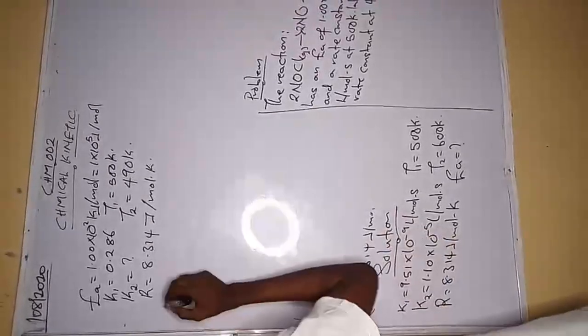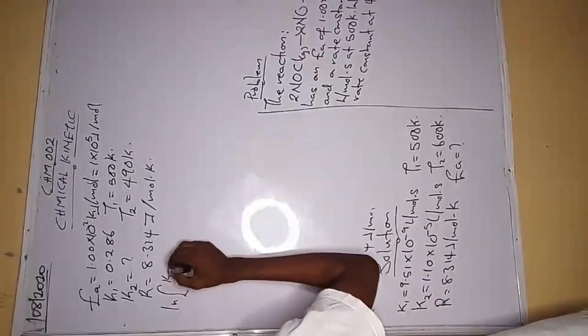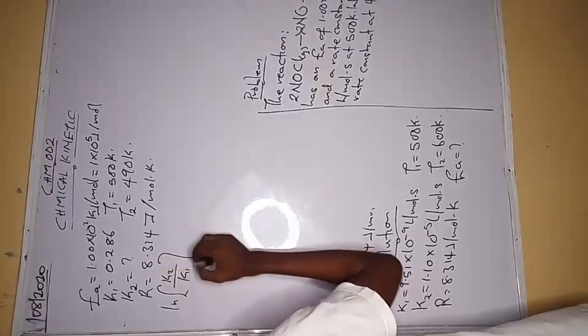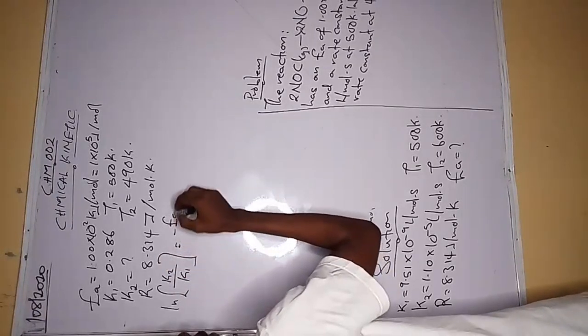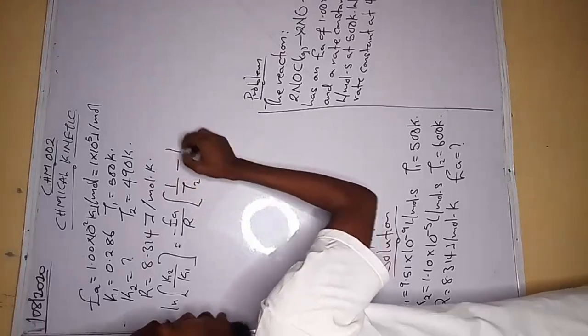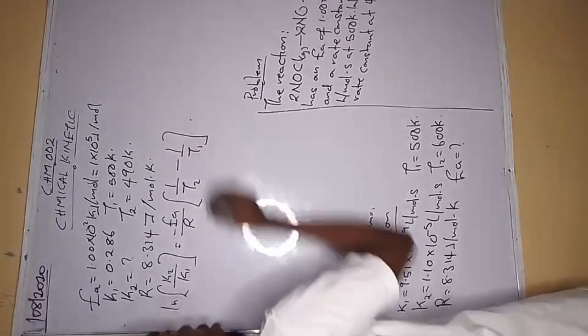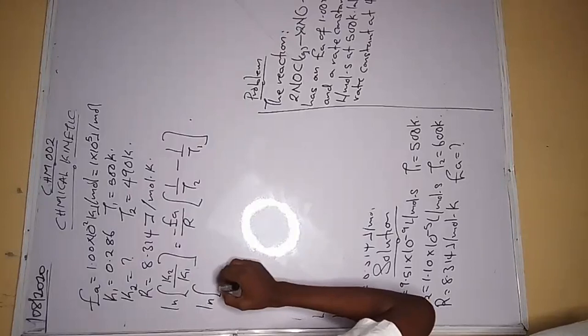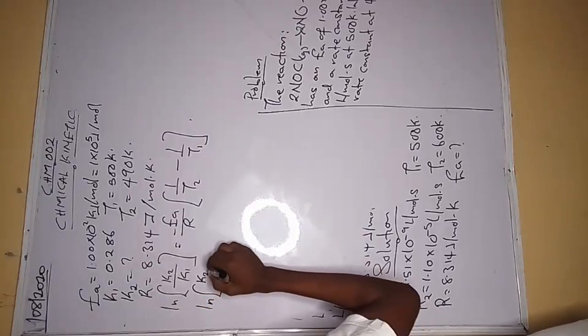So we know our formula is ln(K2 over K1) equals minus EA over R, open bracket, 1 over T2 minus 1 over T1. So what's our K2? That's what we're looking for.